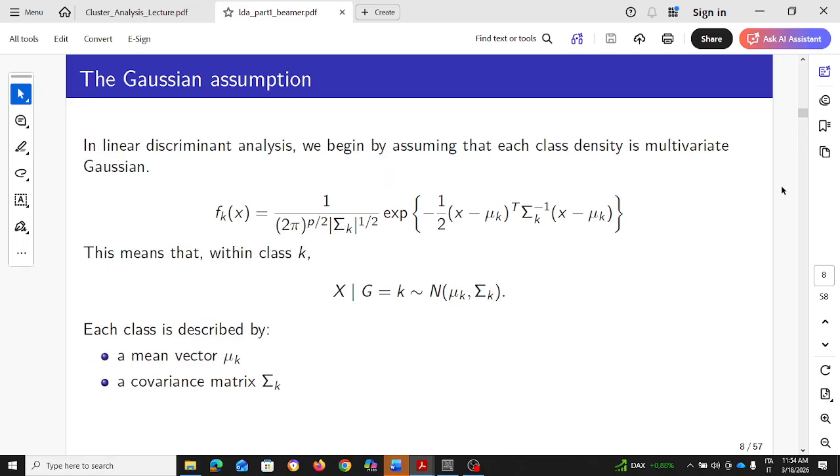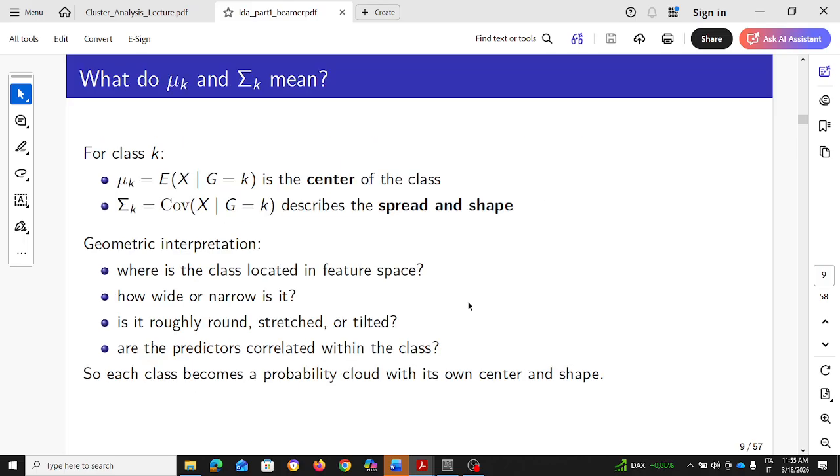So mu k is the mean, so it's the center of the density, and covariance is how spread your class is, what's the shape of your classes, okay? So we can have both things. Where my class is located, we know from the mean of that class. Once we know the mean of the class, we know where this class is located in my data set, okay?